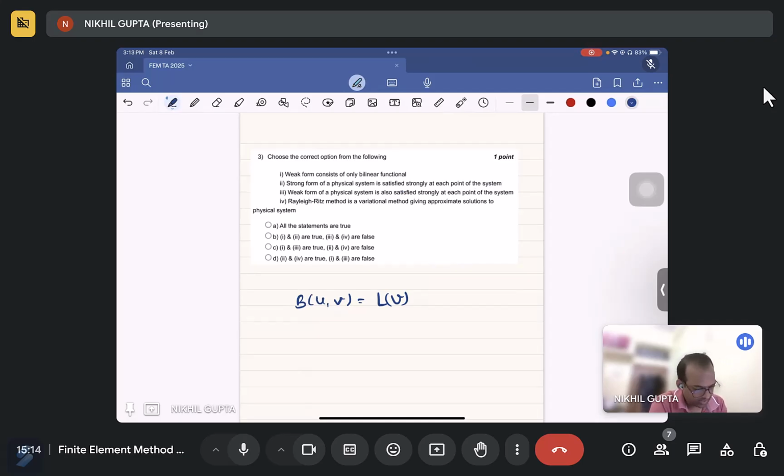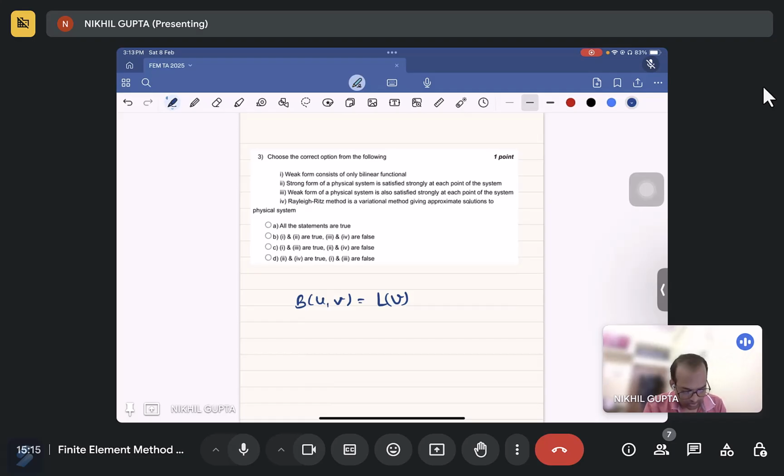This is correct because the strong form is the differential equation of the physical system which is satisfied at each of the points. When we solve it, we get the exact solution.